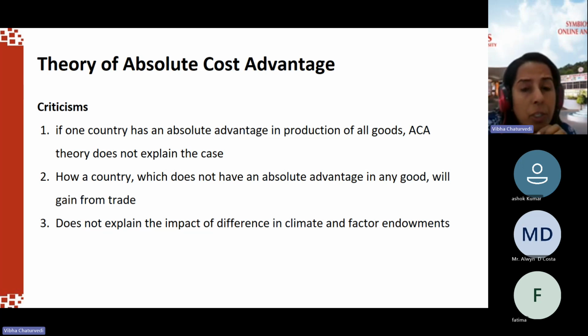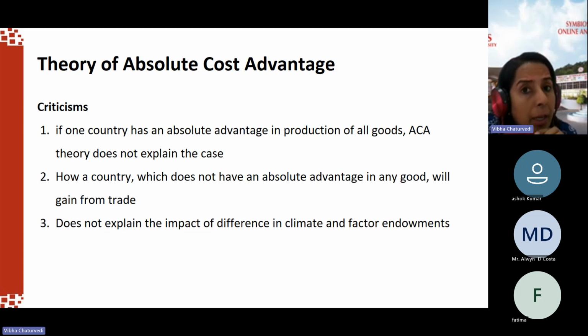A special type of diamond is also found in Africa. These mining companies ship this diamond to jewelry manufacturers all over the world. So Africa does enjoy an absolute advantage in the mining of these mineral metals, that is platinum, gold, and chromium.